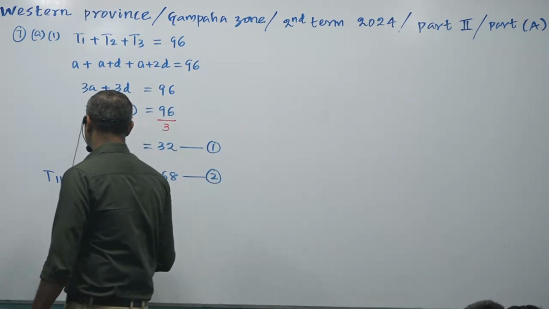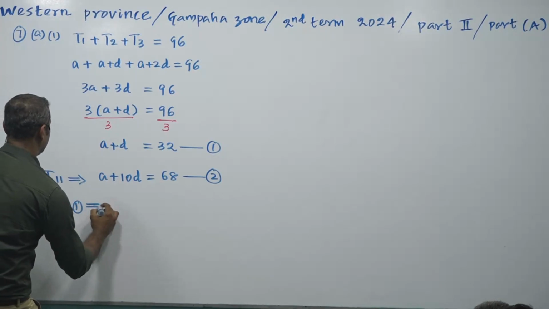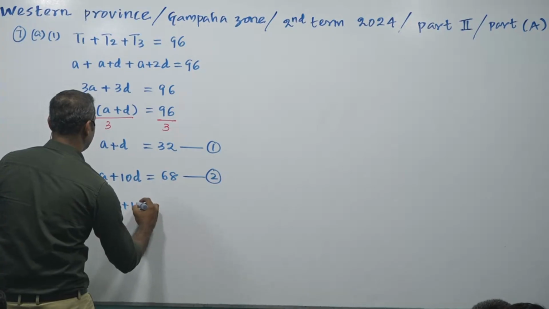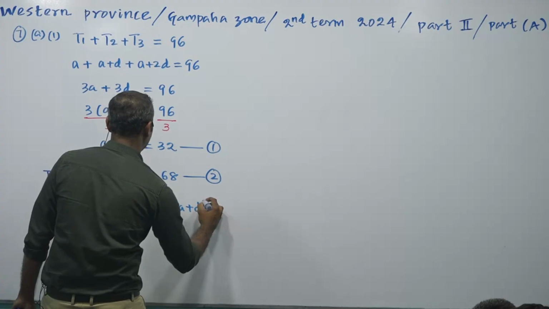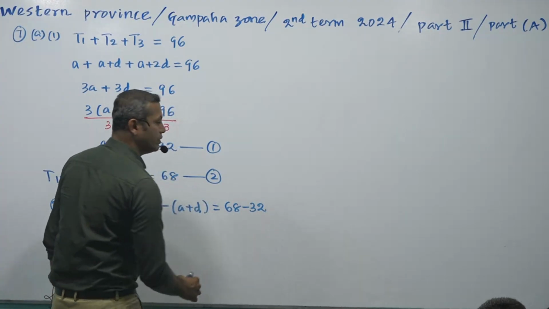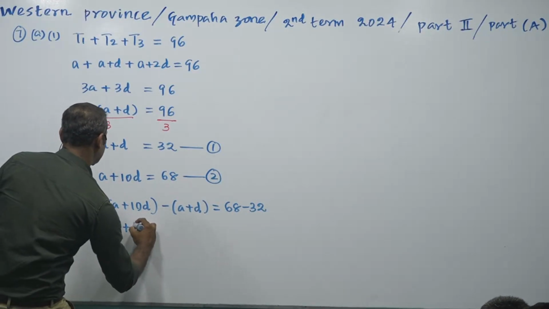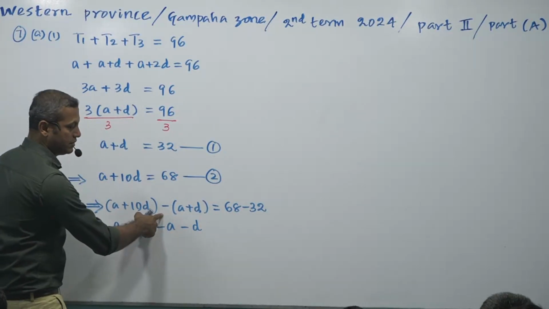Subtract 2 minus 1. A plus 10D minus A plus D is equal to 68 minus 32. Then A plus 10D minus A minus D. Remove the brackets.